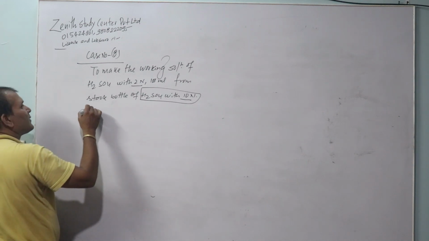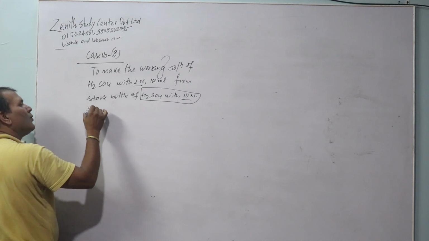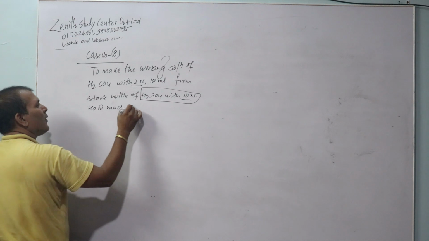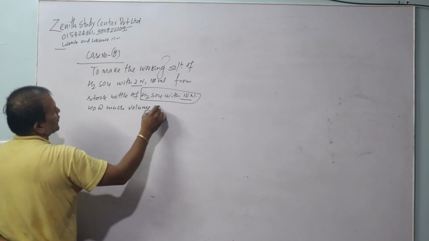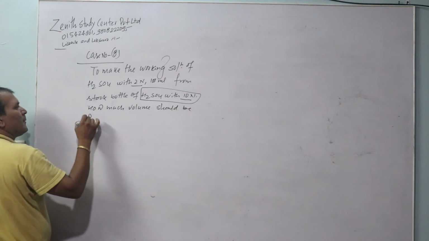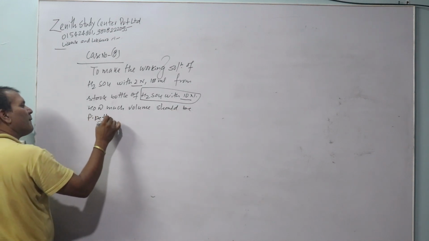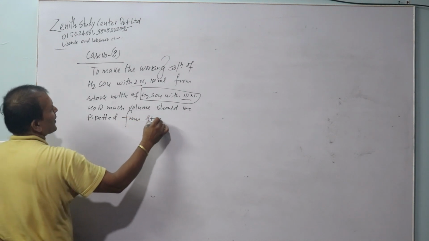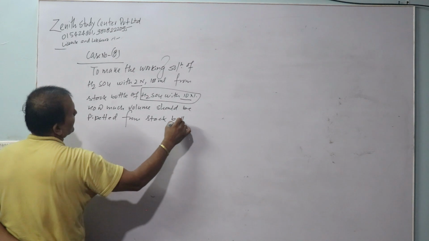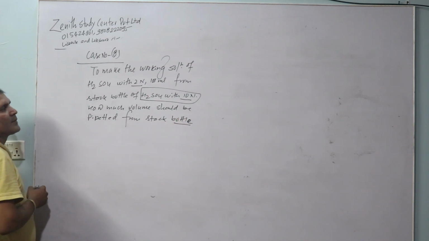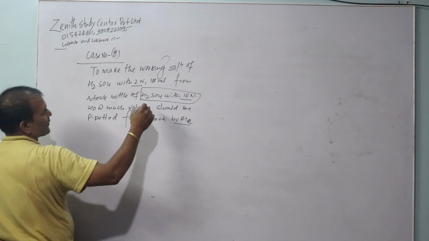Then the question asks, how much volume should be pipetted from the stock bottle? So this is a question of dilution.